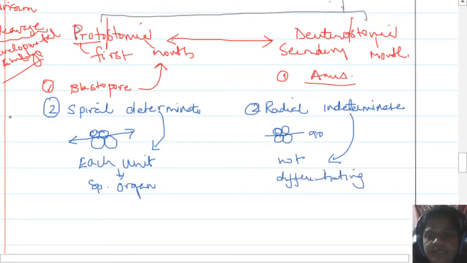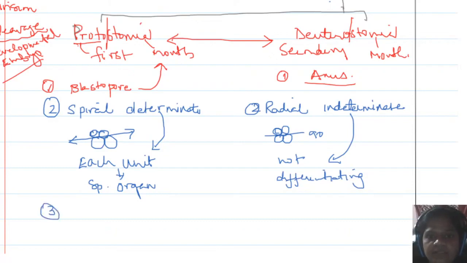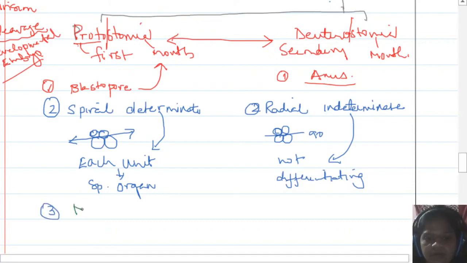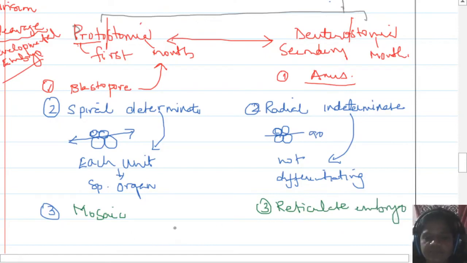That means the third one is, these embryos are called mosaic, and these are called regulative embryos. Now, what is the difference between these two? This is called a mosaic embryo because we have seen this at the differentiation stage. If you lose this unit at this stage, you will lose that organ.